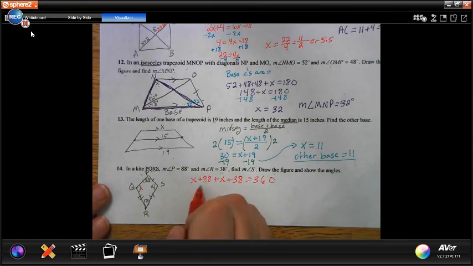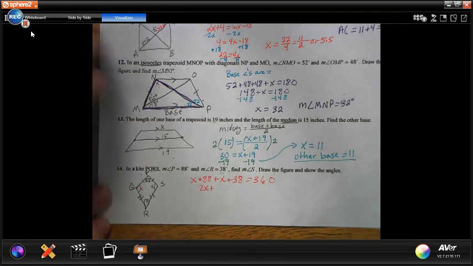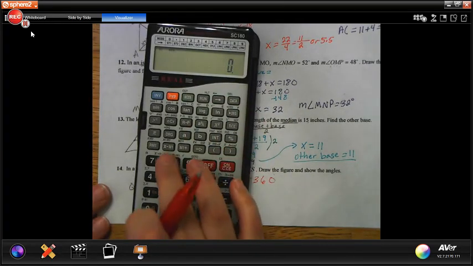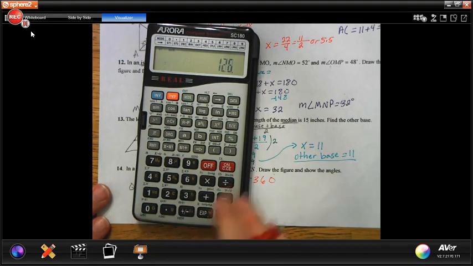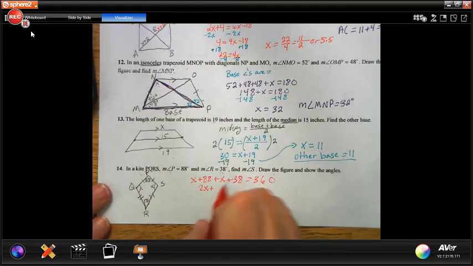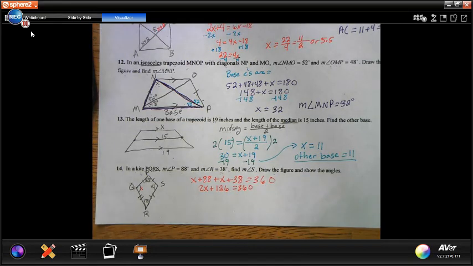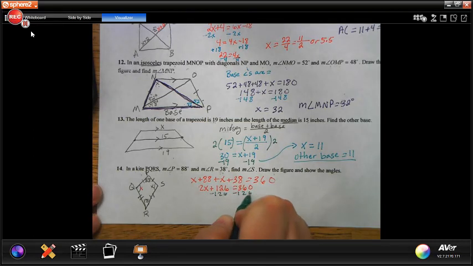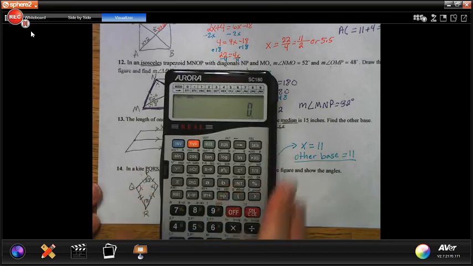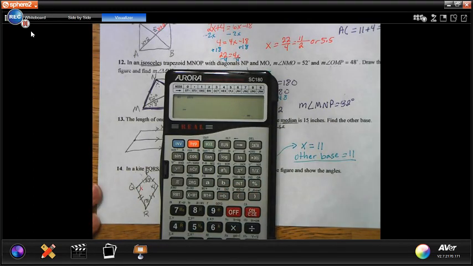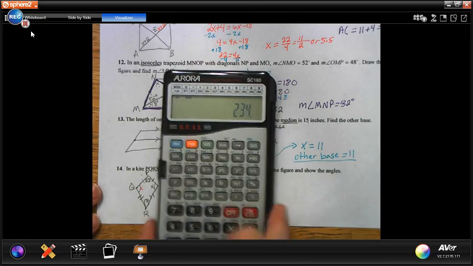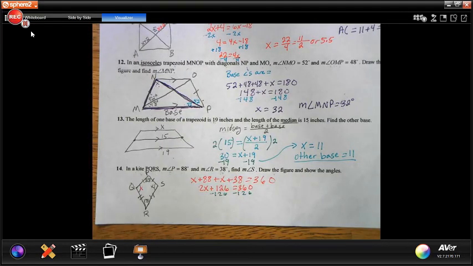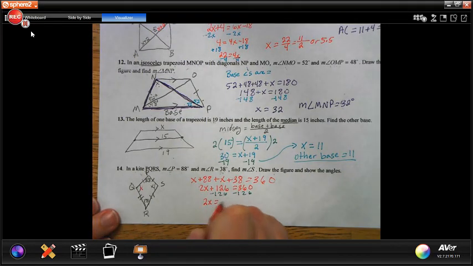Combine like terms. 2x plus, I don't know what 88 plus 38 is off the top of my head, 126 equals 360. So solving, 360 minus 126. So I get 2x equals 234.